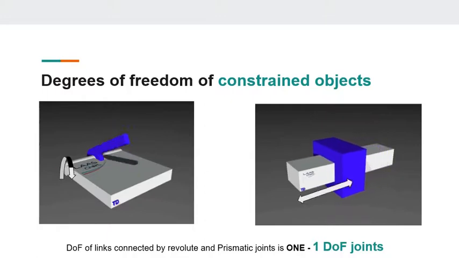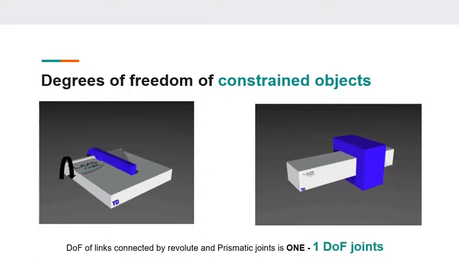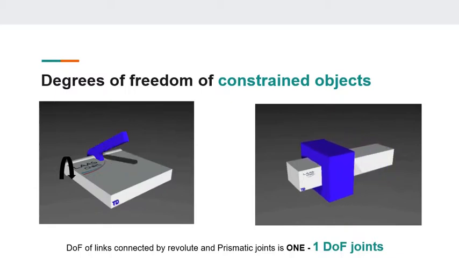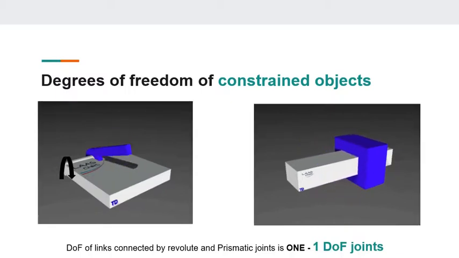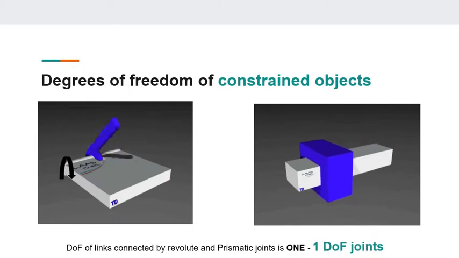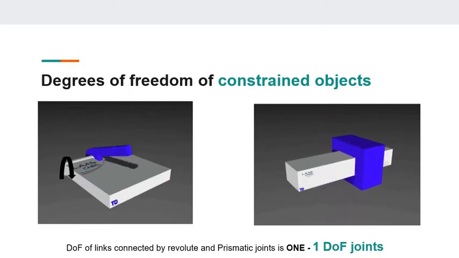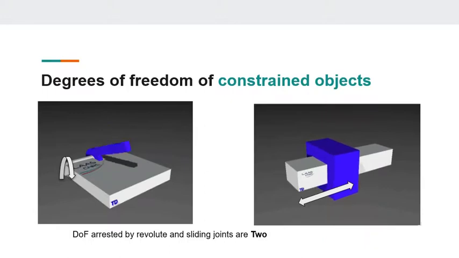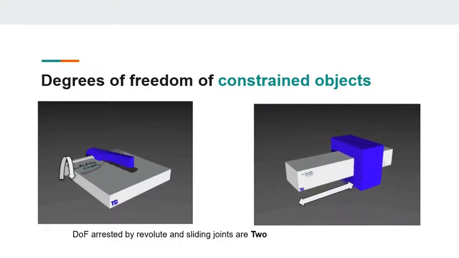So, in both cases, the degrees of freedom permitted by these joints is just 1. That is why these joints are called 1 degree of freedom joints. These joints actually restrict 2 degrees of freedom of the link.